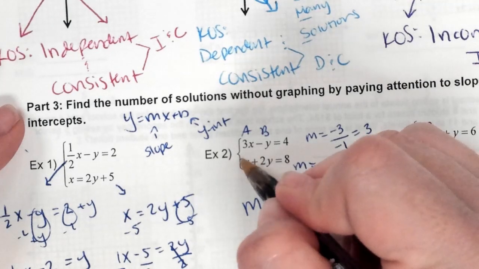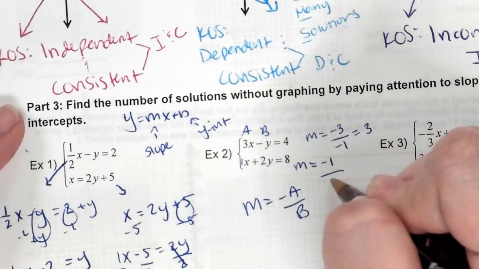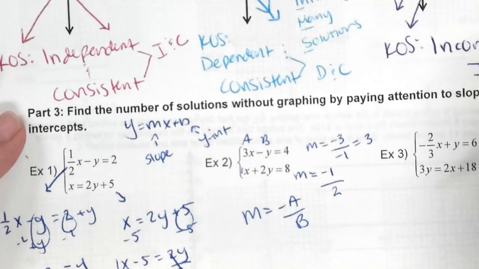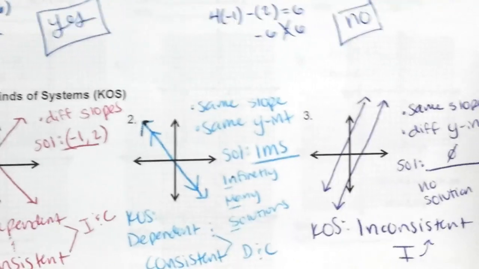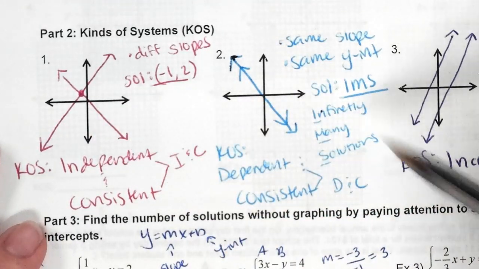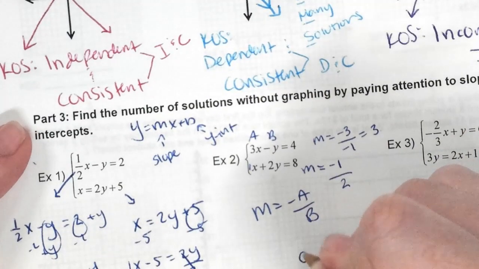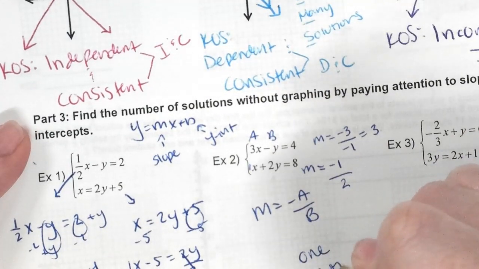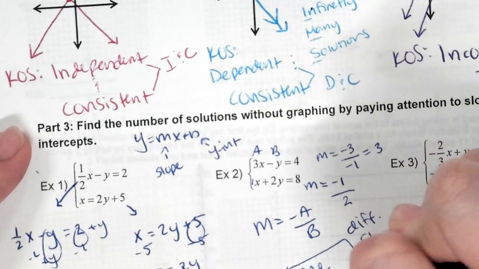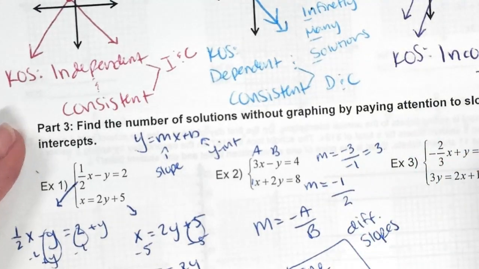Opposite of A, there's nothing there, so it's a 1. So negative 1 over B, which is 2. Do 3 and negative 1/2 match? No. So what's the only one that has a different slope? How many solutions does this one have? Because that's what it's asking. This one's going to have 1 solution because they have different slopes. Does that make sense? Do y'all see what this is asking?